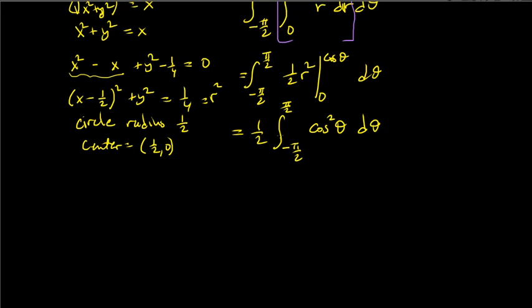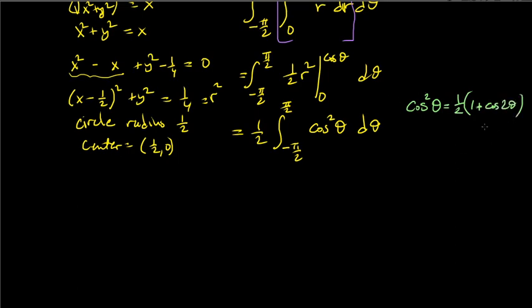First of all, I think it's on your formula sheet. This comes up often enough that at this point it should almost be second nature. But I'll go through this one last time if you don't remember how to evaluate this. The trick is to use the identity that cosine squared of theta is 1/2 times 1 plus cosine of 2 theta.